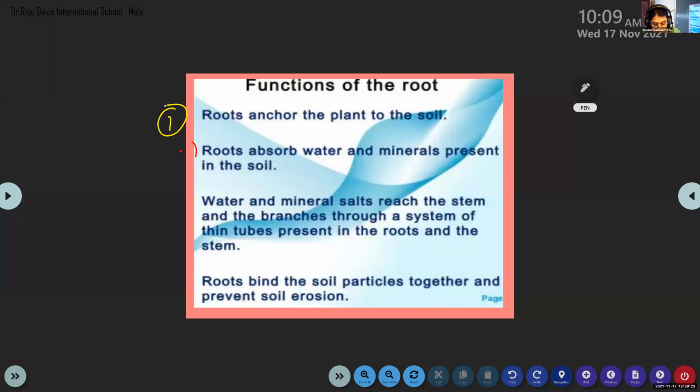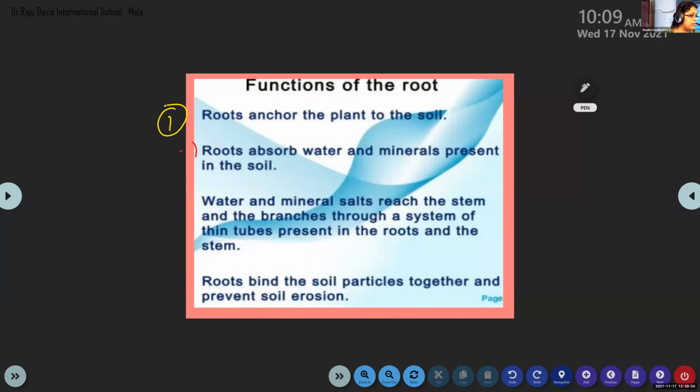Go through it. Okay. So roots anchor the plant to the soil. That is the first one. Anchoring means making the plant firm on the ground. If you plant a sapling, first the taproot comes. Once the taproot comes, you can see that new shoots are coming up.